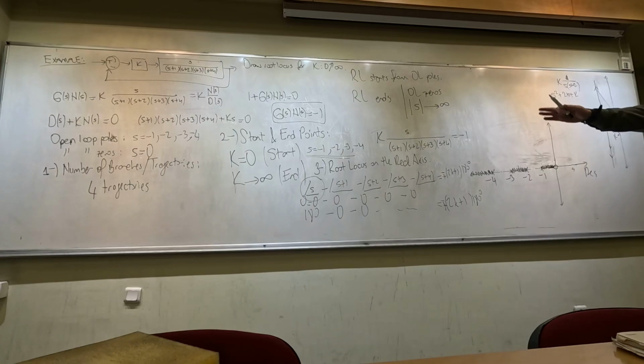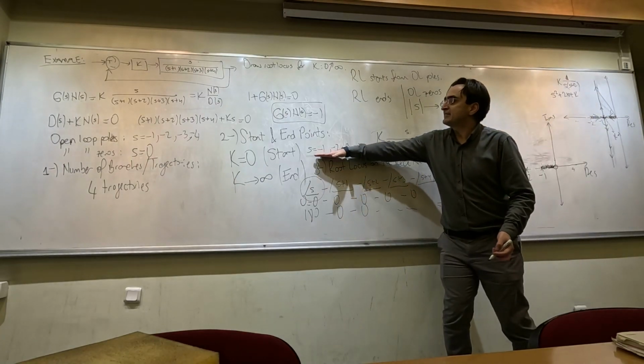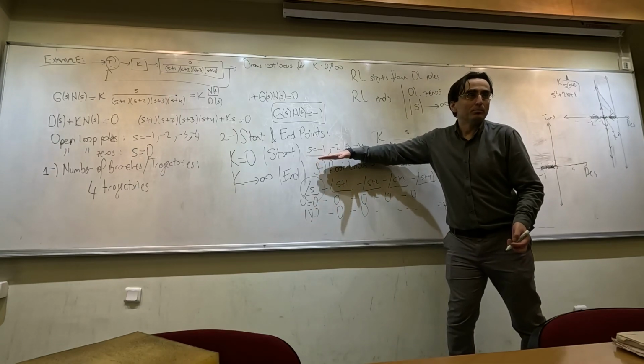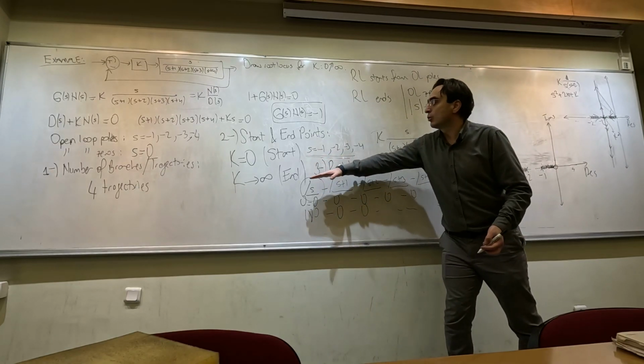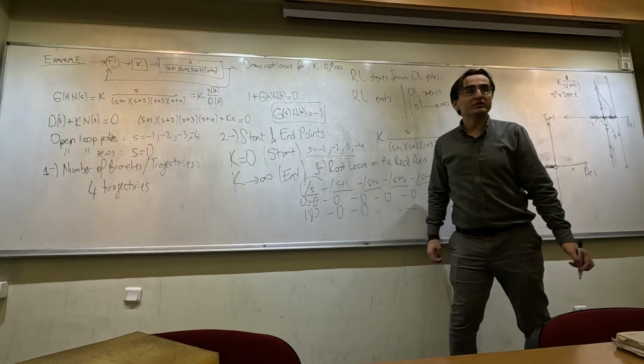And as soon as you use the first three rules, you can actually try to visualize what is going to happen in your root locus. As soon as you put the real axis points, put some arrows. These arrows should get away from the open loop poles and they should go towards open loop zeros.